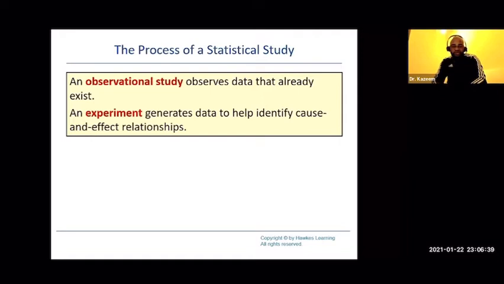In an experimental study, we don't administer a questionnaire. The researcher assigns the subjects, that is the participants, to groups of study. The researcher randomly assigns participants to the experimental group and the control group.